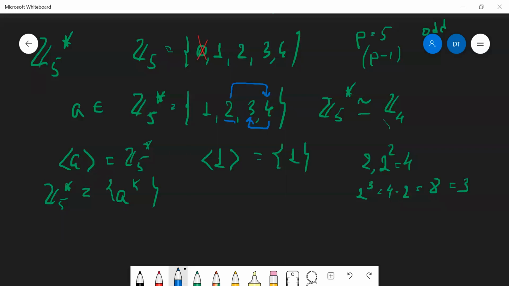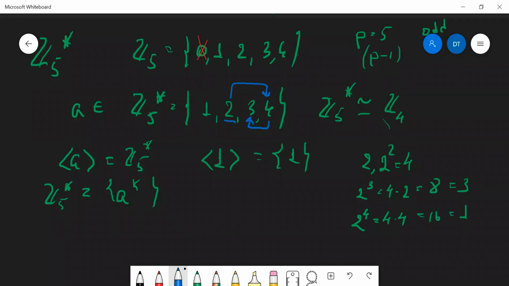And since raising to a power must go through all the elements in the cycle, the next option is obvious. 3 must go into 1, but let's check this. So 2 to the 4 is 4 times 4, which is 16, and modulo 5 is 1.